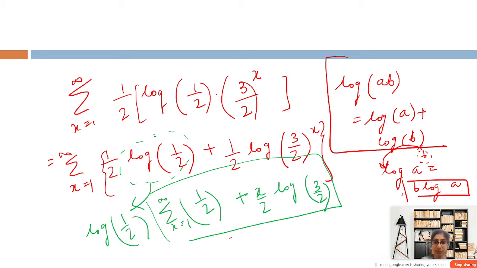Ma'am, I think you should take 1 by 2 outside, not log of 1 by 2. Wait. 1 by 2 is common in both the terms. 1 by 2 if we take outside, just wait.